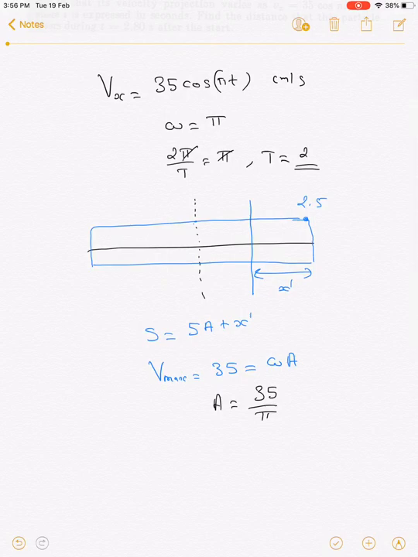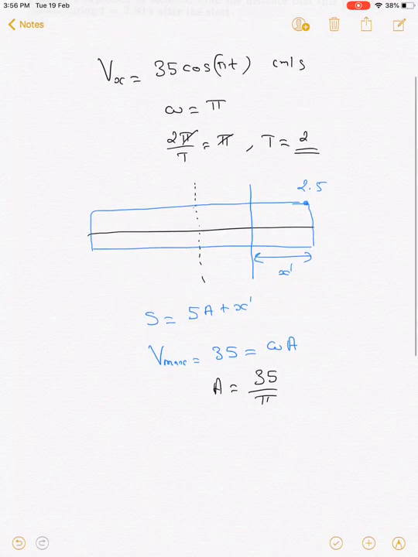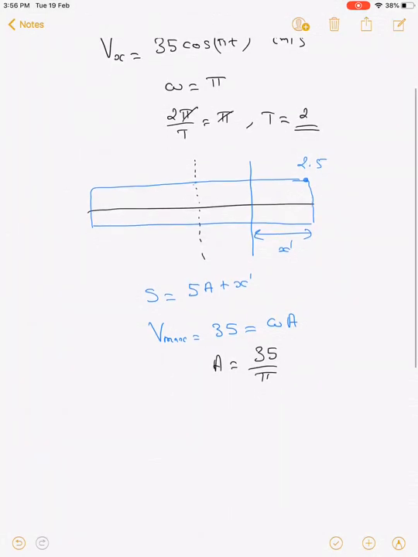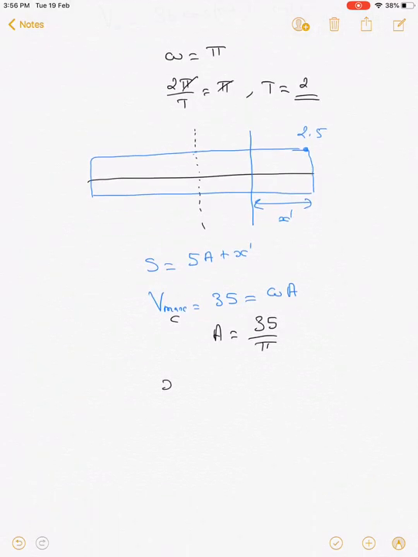As the equation for Vx is 35 cos pi t, at t equals 0 the particle was at its extreme position. So if the particle starts oscillation from its extreme position, the equation for displacement is x equals A cos omega t.